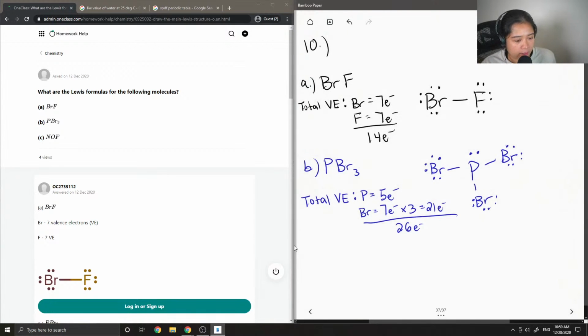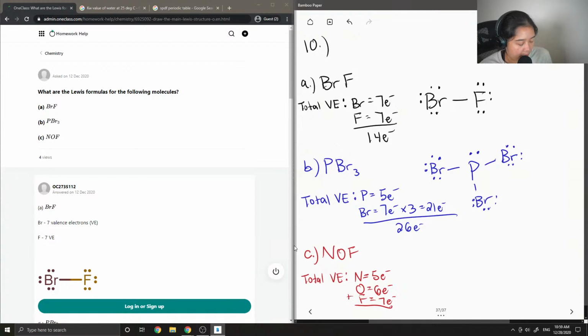And now let's look at the last molecule, NOF. For the total valence electrons, nitrogen has 5, oxygen has 6, and fluorine has 7.